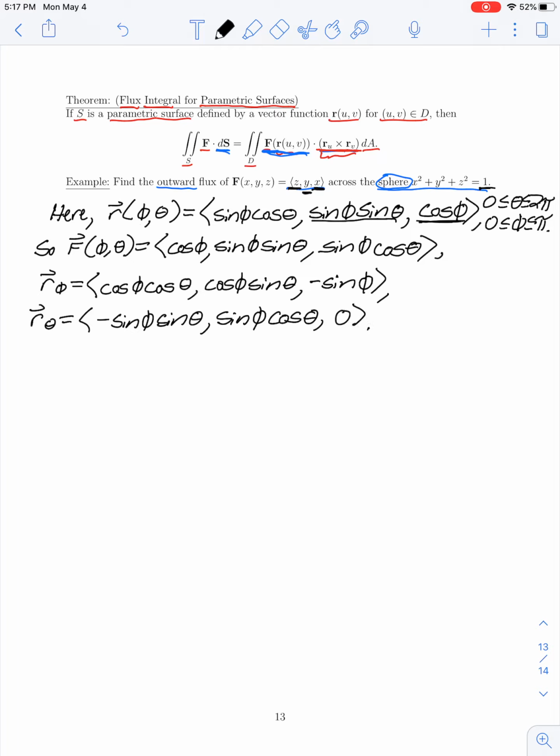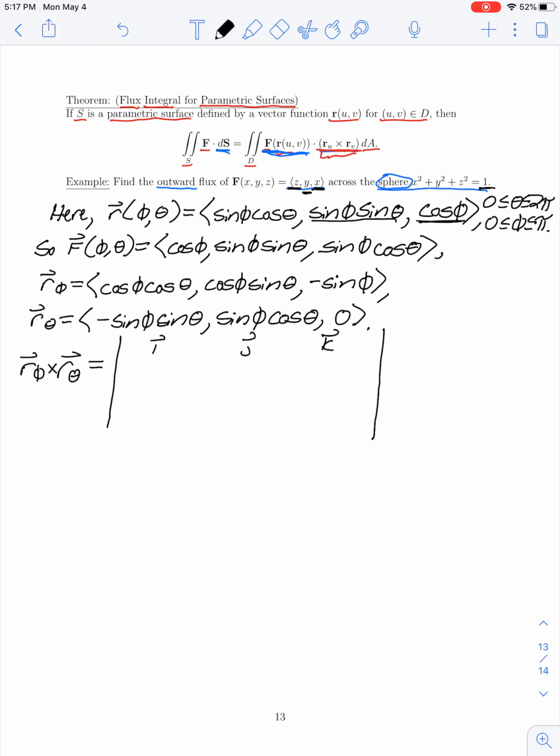So we need to find the cross product of those vectors, which are our partial derivatives. So looking at r phi cross r theta, we're taking the determinant of a 3x3 matrix where our first row consists of standard basis vectors i, j, k.